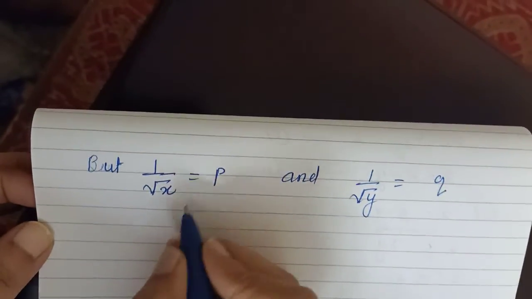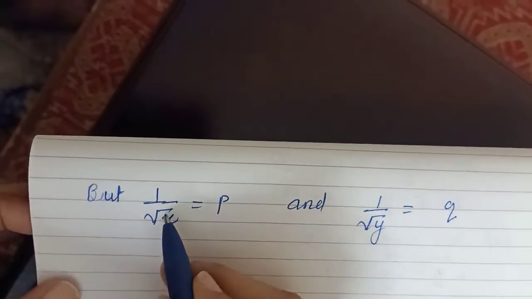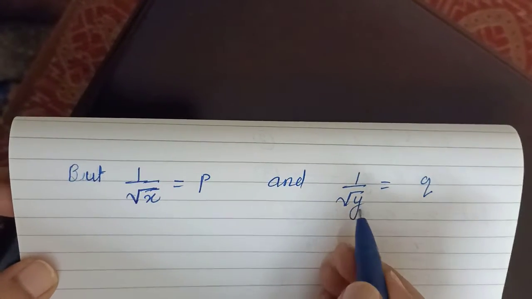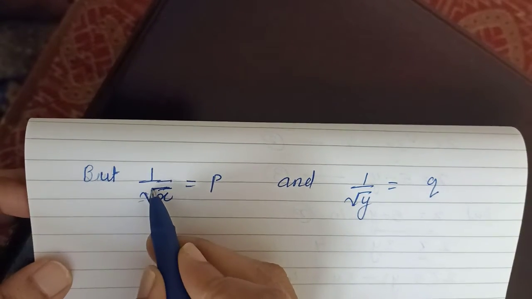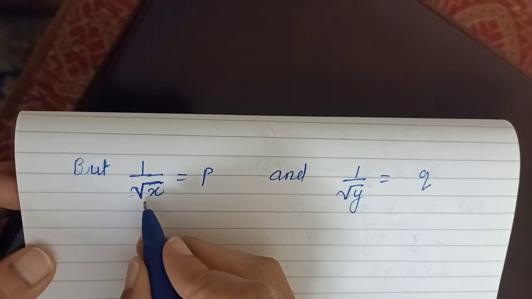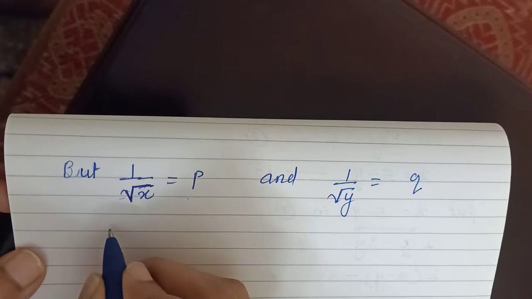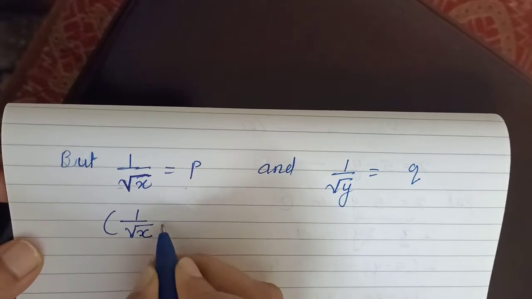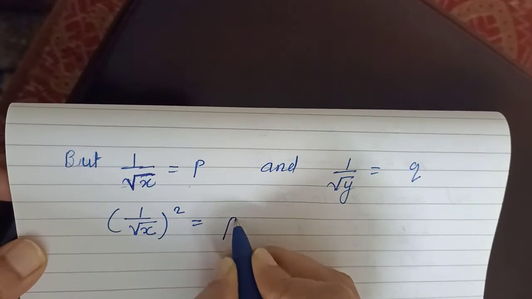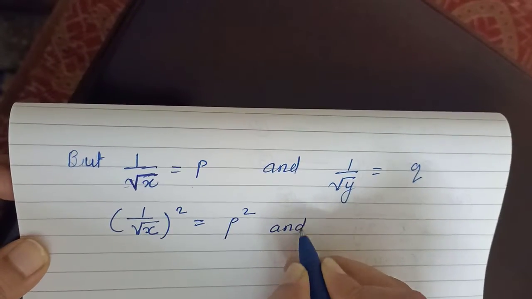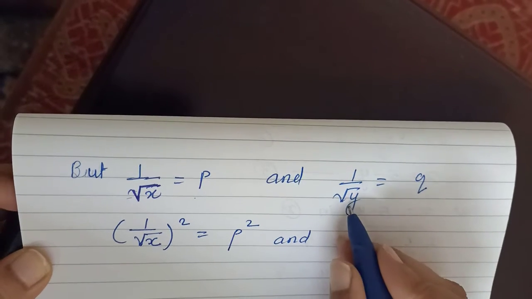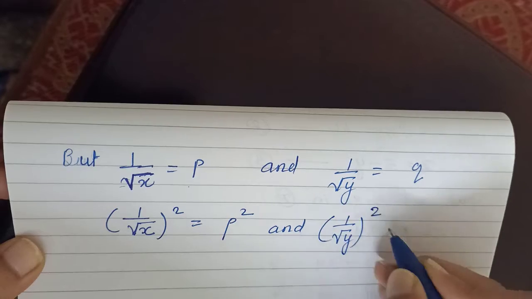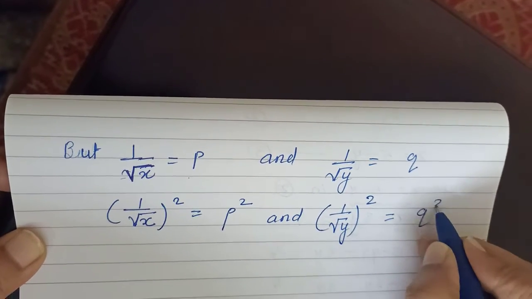Before putting the value of p, we will simplify this root. To remove the root, we take the squares on both sides. So 1 upon root x whole square equals p square, and 1 upon root y whole square equals q square.